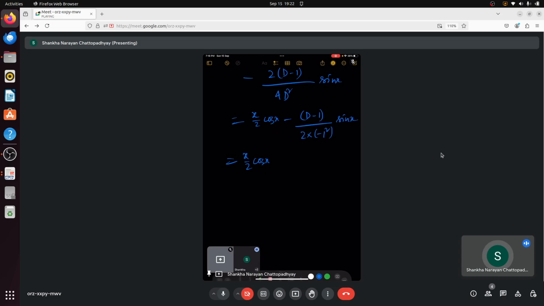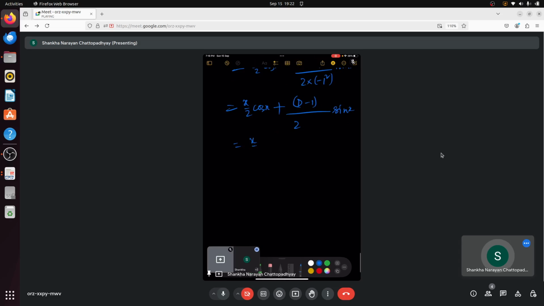x by 2 cos x, minus that will be plus D minus 1 is operated on sin x. So that will be sin x, the derivative will be cos x minus sin x by 2.